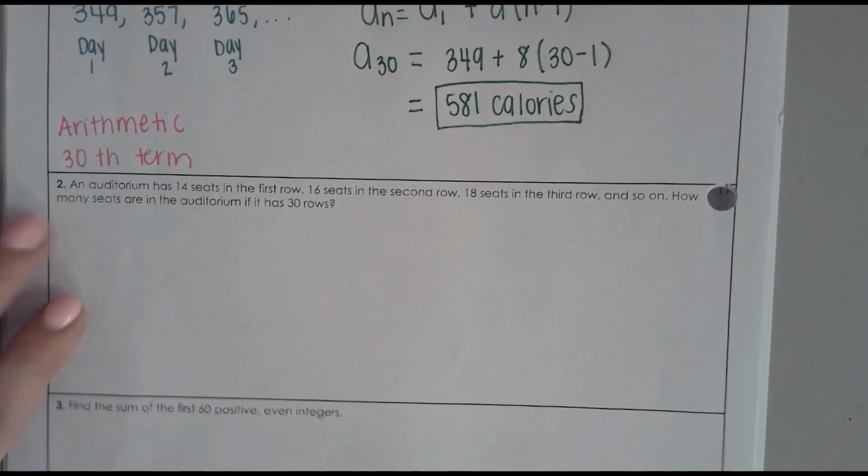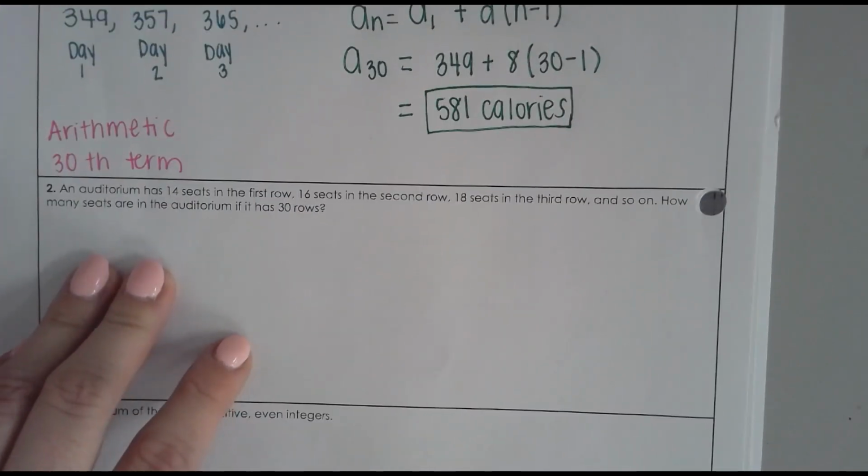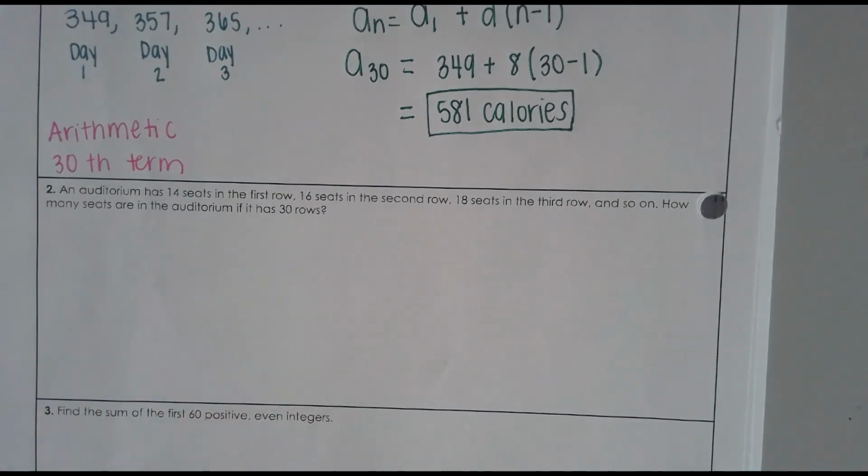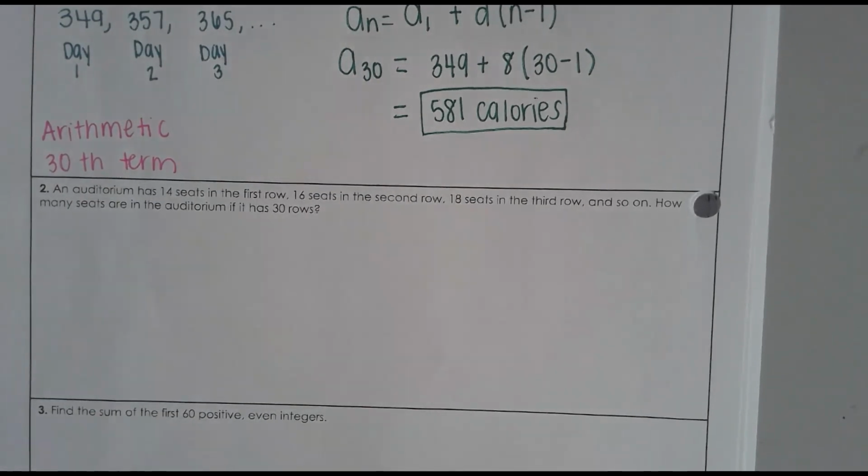Number 2. An auditorium has 14 seats in the first row. So we have a big auditorium. The first row has 14 seats, 16 in the second, 18 in the third, and so on. So the row closest to the stage has the fewest number of seats, and then the rows get longer every time.